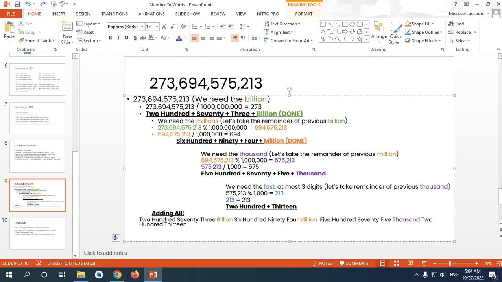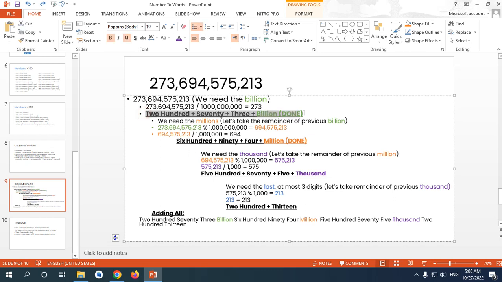And now we are at the last number, which is 213. How can we achieve this? We take the previous 1,000 and we get the remainder of it, which is gonna be 213. For 213, there is no division there, so it's just gonna be 213, since 13 is smaller than 20.